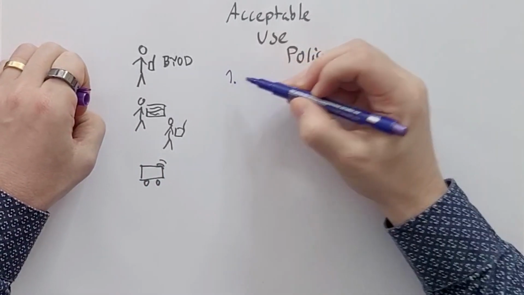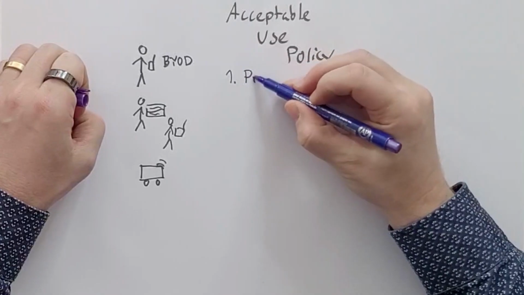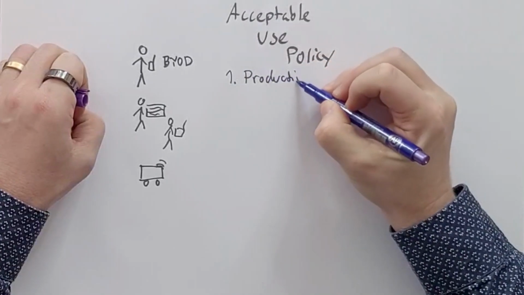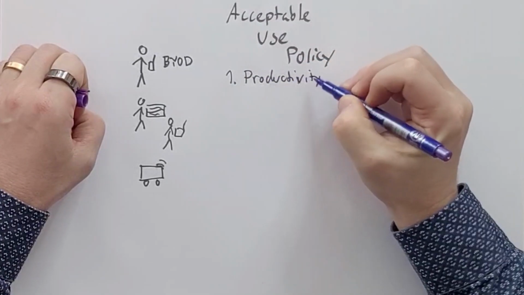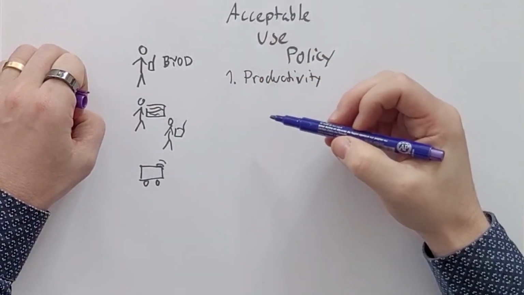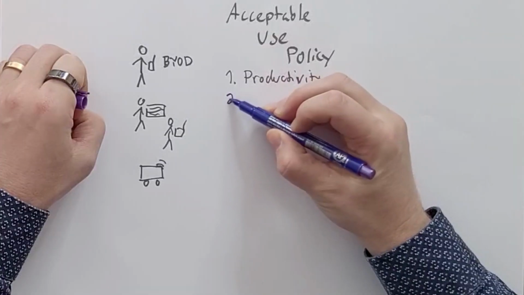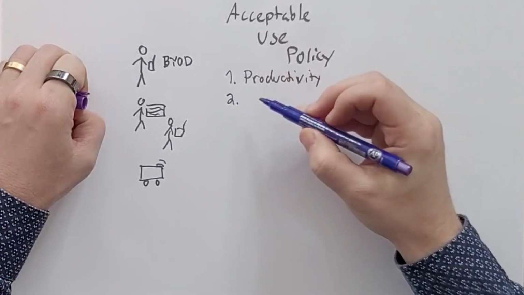Number one, productivity. Time spent on social media, on porn, on messaging, on streaming video, YouTube, etc., when it takes away from your employees doing their job, that's not good for your business. So you want to get on top of that.